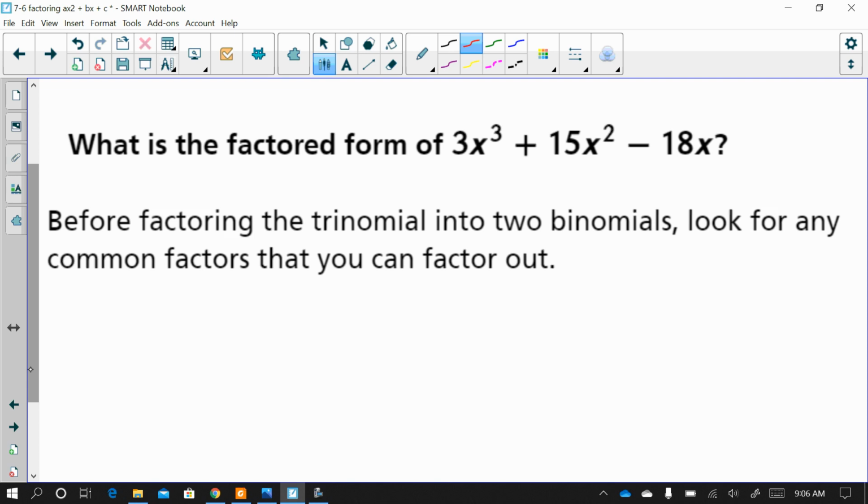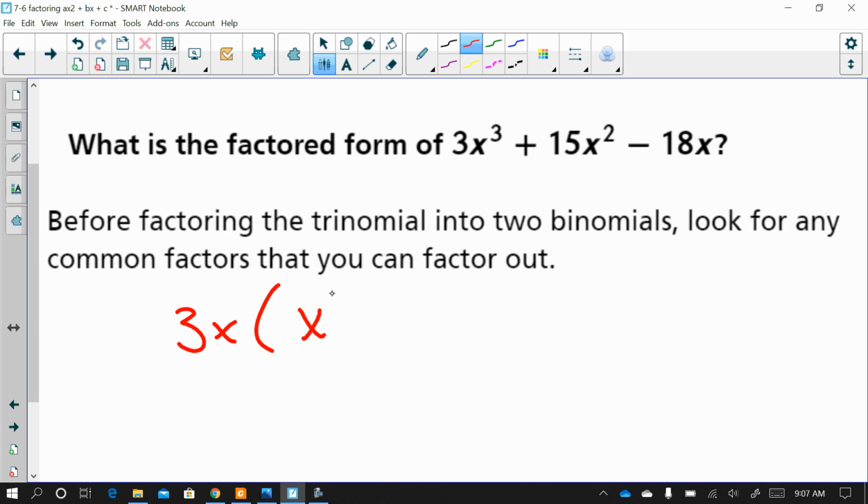Okay, notice what else goes into 3, 15, and 18. 3 goes into all of those. So the first thing we're going to do is we're going to pull out 3x. Okay, so what times 3x gives me 3x cubed? Well, it's 1, right? 3 times 1 is 3. If I take one of those x's away, I have 2 left.